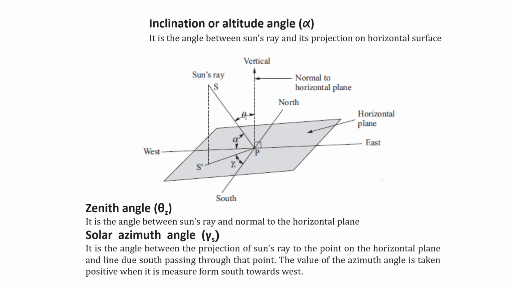Then we had gone through the inclination or altitude angle. Remember that previously we had also discussed the latitude angle. Latitude angle was defined with respect to the observer, at any point on the surface of the earth, right? It was the angle made by the line joining the observer to the center of the earth and its projection on the equatorial plane, right?